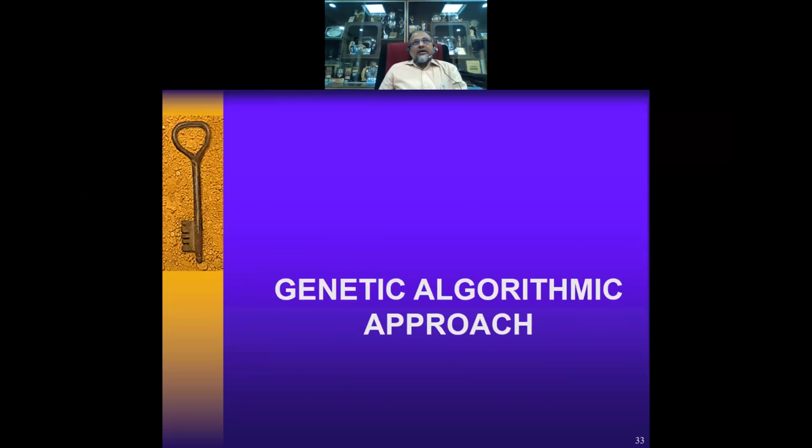And another interesting topic is the genetic algorithm. What is the genetic algorithm approach? The genetic algorithm is not a mathematical approach, not a mathematical method, but using it we can solve very difficult mathematical problems. If a problem is not at all possible to solve otherwise, those mathematical problems can be solved by a genetic algorithm.